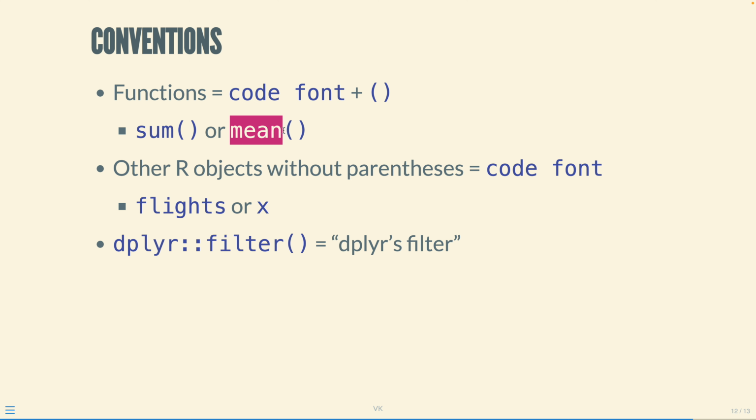Or if I'm calculating the mean or median of something, then I am also putting a parenthesis in front of it, okay? But there are other R objects which can be used without parentheses that you're familiar with, okay? Those also will be written in code font. For example, if we were writing mpg, which is a data set, or maybe we defined x. So those are just without parentheses, okay?